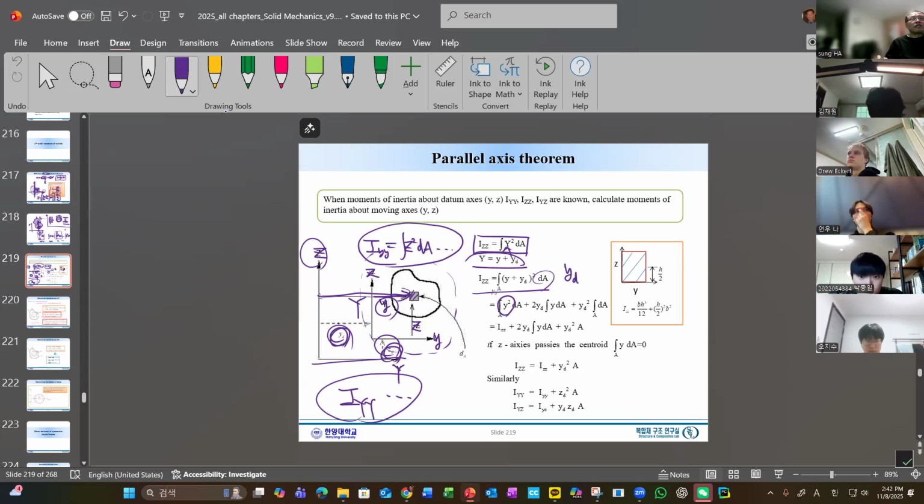So yd is a constant, and it can be taken out of the integration. So this is out of integration, and this is also out of integration.